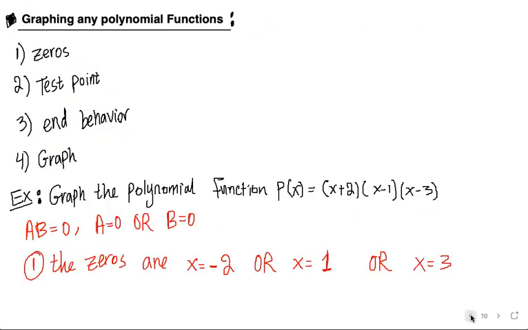So the degree is 3, and the leading coefficient is 1. 3 is odd, and 1 is greater than 0.